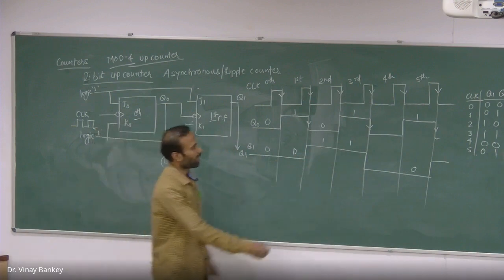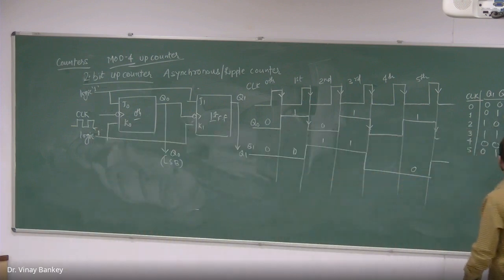If you analyze this table, you can see we have repeated after four states. 0 0, then 0 1, then 1 0, then 1 1. Then after 1 1, we obtained 0 0 at the output of these flip-flops, and then 0 1.